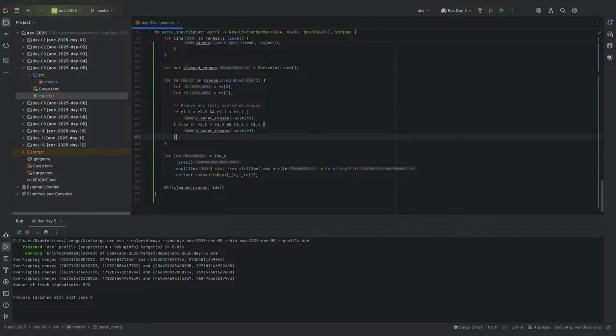This only pushed in the... Oh, this is kind of annoying. Doing it like this skips most of them, which is an issue.